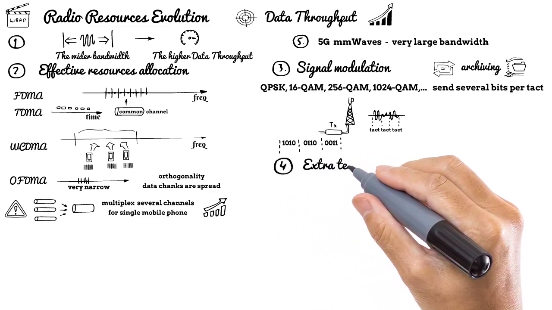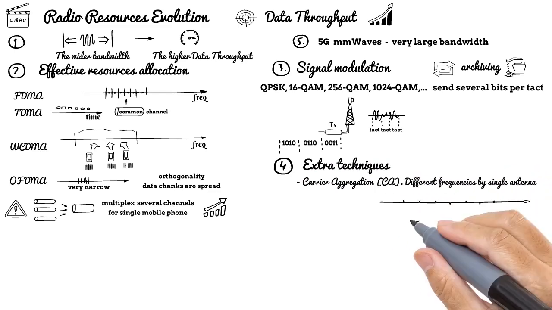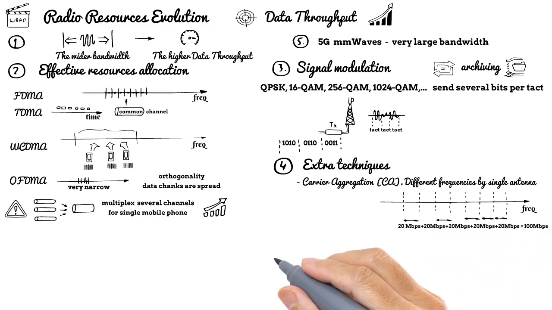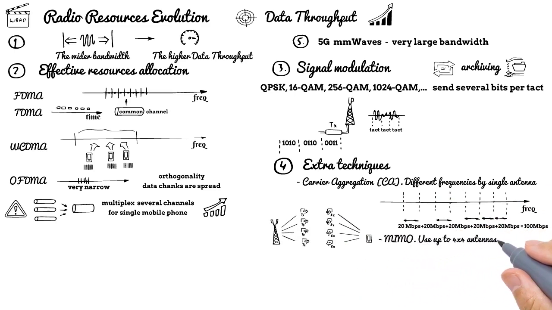The fourth item was about several different techniques, like carrier aggregation, when in 4G LTE radio up to 5 carriers with 20 MHz each could be aggregated for one end user. MIMO was the next technique, allowing us to simultaneously use up to 4x4 antennas on both transmitting and receiving sides.